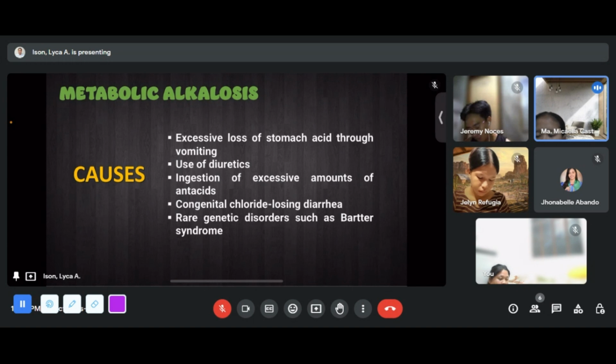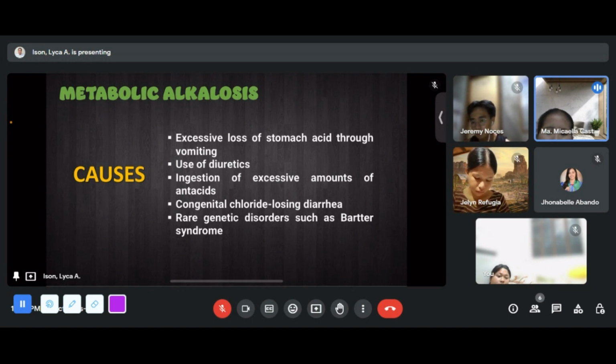Ang pagkawala ng acid na ito ay maaaring magpataas ng pH ng dugo, making it more alkaline. Then, use of diuretics. Ang mga diuretics ay mga gamot na nagpapataas ng urine output which can lead to loss of electrolytes tulad ng chloride at potassium. And this loss of chloride can result in metabolic alkalosis.